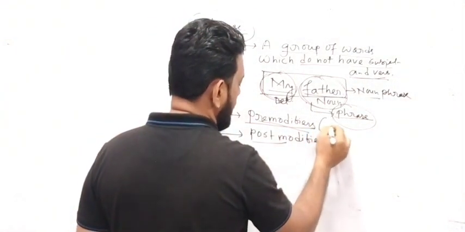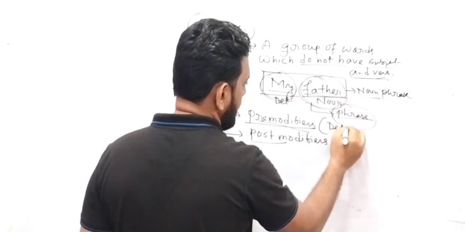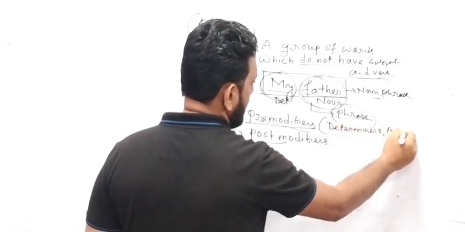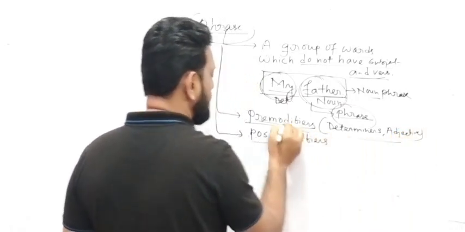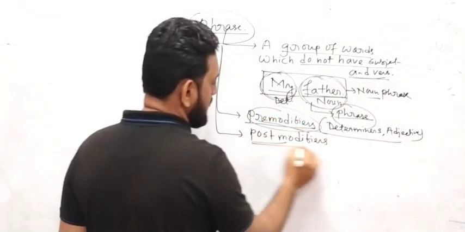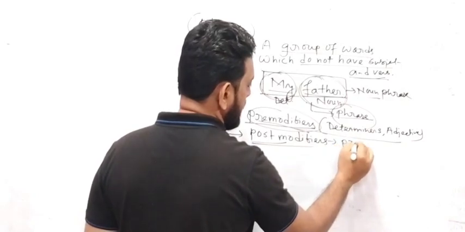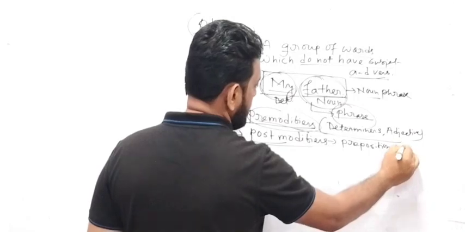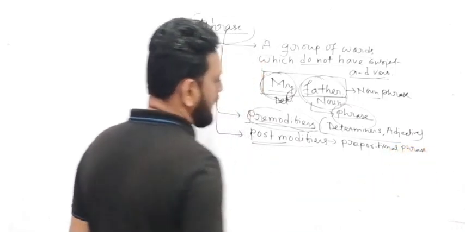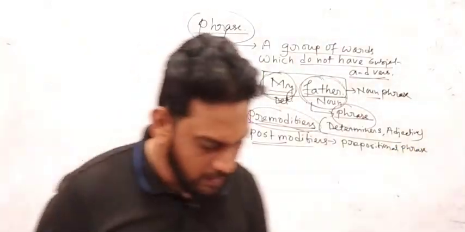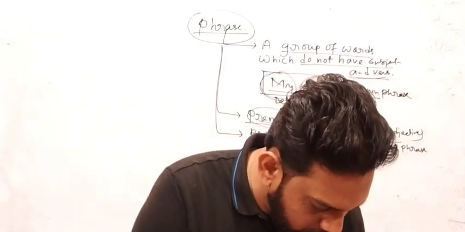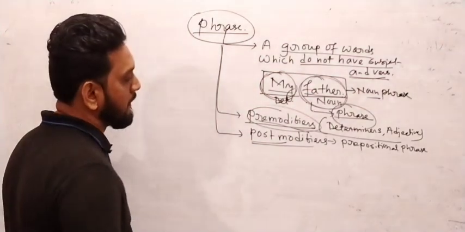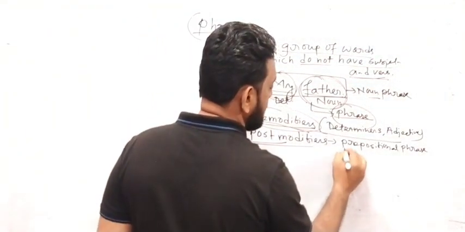Now what are pre-modifiers? Pre-modifiers can be determiners and adjectives. All these are pre-modifiers. And post-modifiers can be a prepositional phrase. Write down post-modifiers. We have to study about post-modifiers: prepositional phrase or participle phrase.